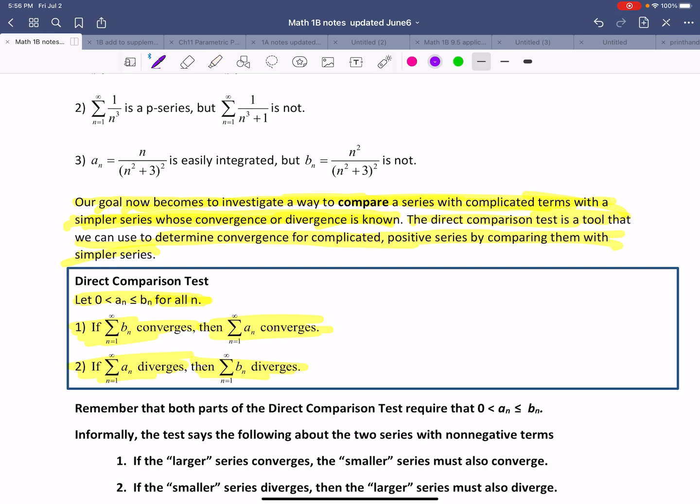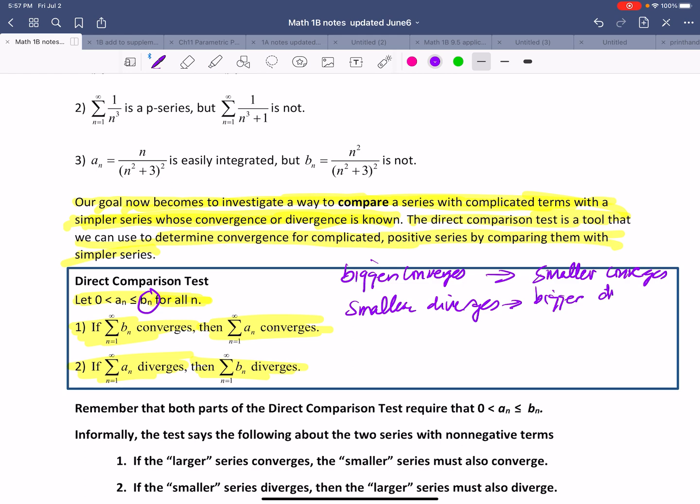Here, if the bigger one converges, then we can say the smaller one converges. If the smaller one diverges, we can say the bigger one also diverges.